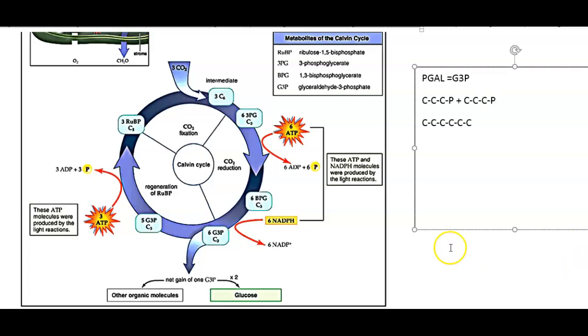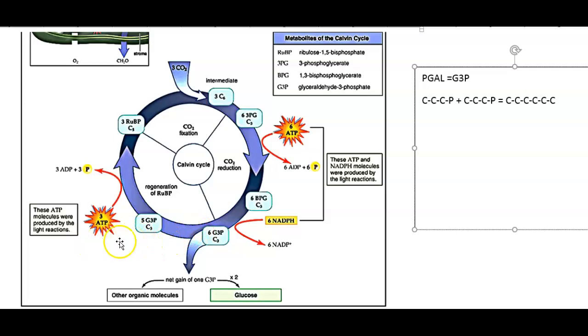So together, we're going to make a glucose. So 2 P-gals, or 2 G3Ps, are going to make 1 glucose. So here, we only had a net gain of 1. So the 5 other ones continue on.